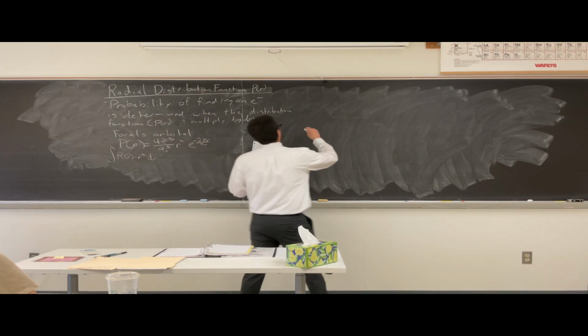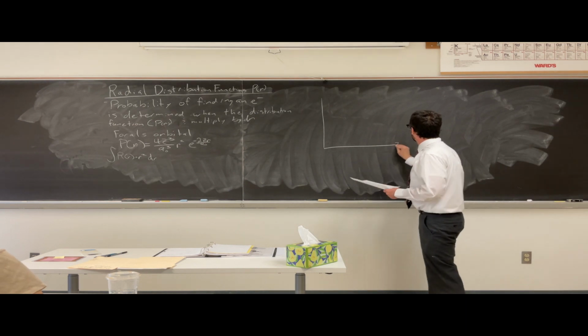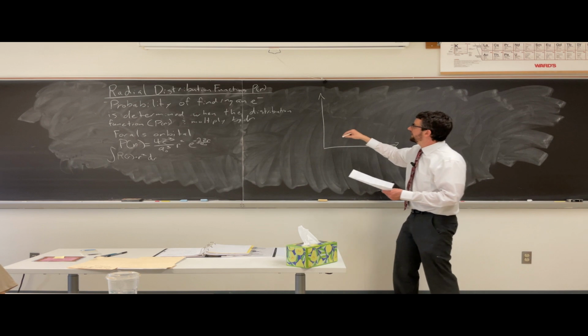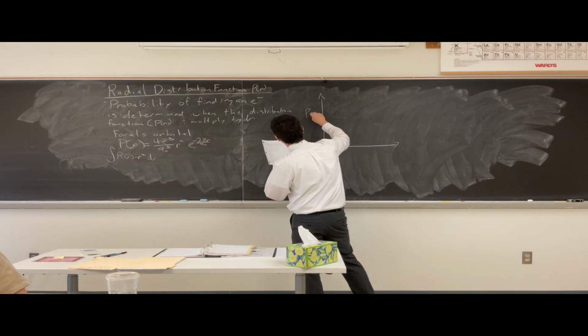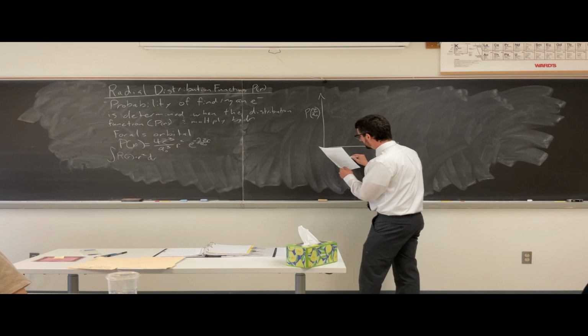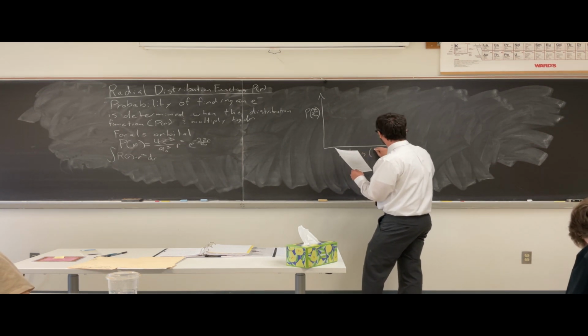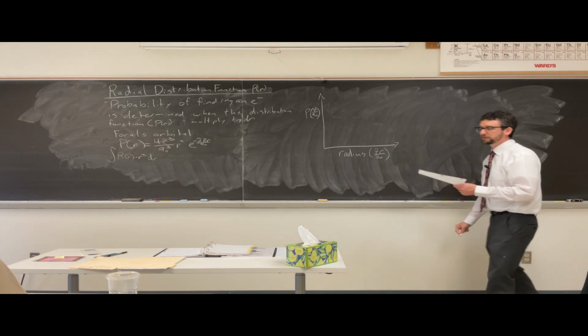So let's try to plot it. What we're going to have on our y-axis is that distribution function, and we're going to have our radius on our x-axis.